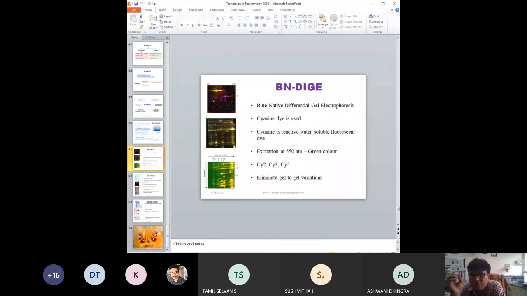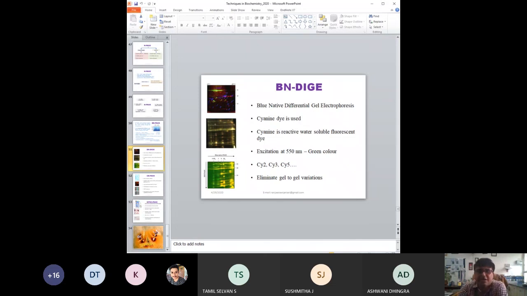The purpose of discovering BN DIGE is that it eliminates gel-to-gel variation, because when you are running one gel for one sample and a second gel for the second sample, most of the time the conditions will vary. The run condition, the gel condition, and other variables will vary.